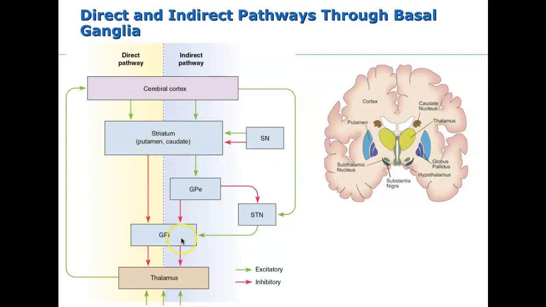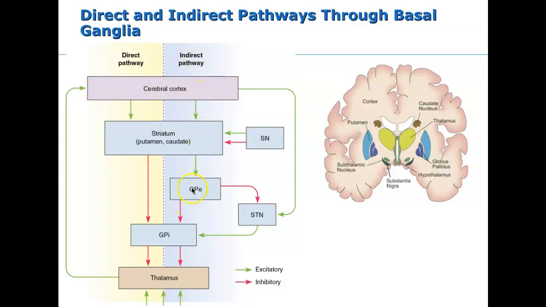And then that has a direct effect on the globus pallidus internal. And notice that this is inhibitory, and then again inhibitory from globus pallidus into the VLO of the thalamus, and then there is an excitatory connection back into the cerebral cortex. And then there is the indirect pathway.